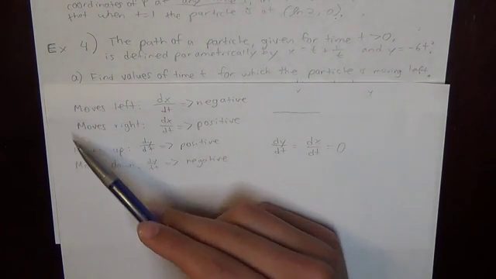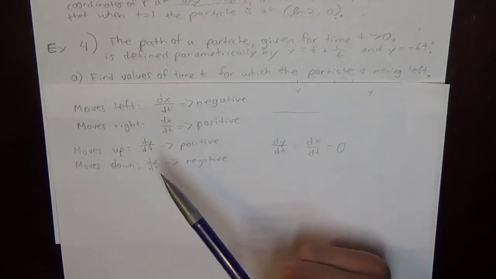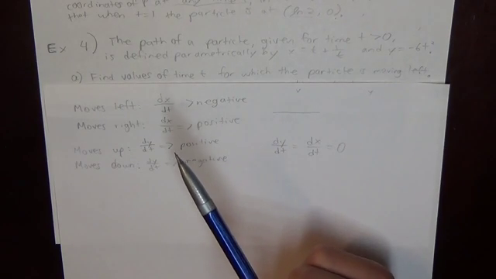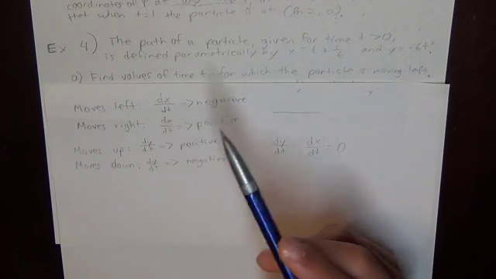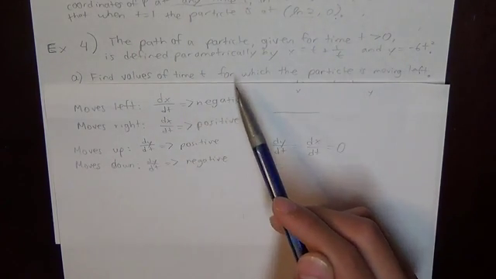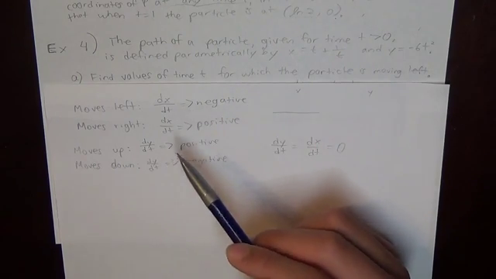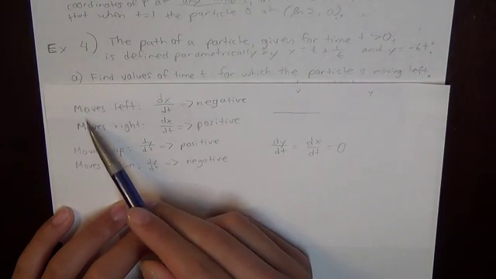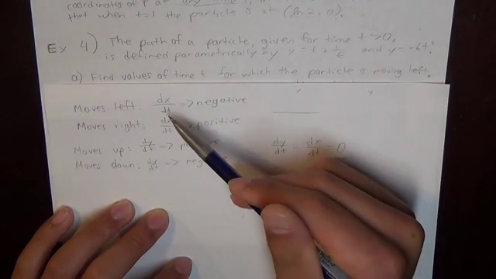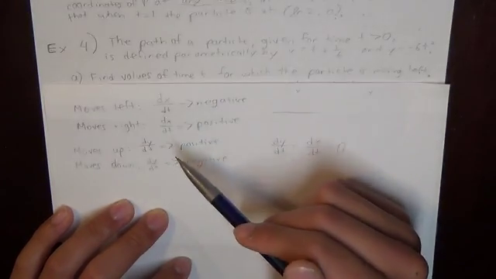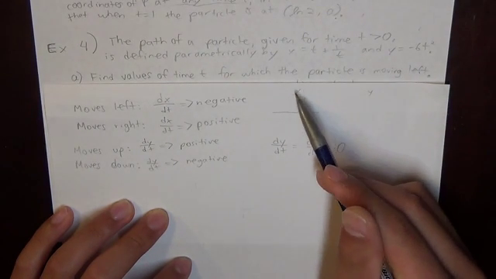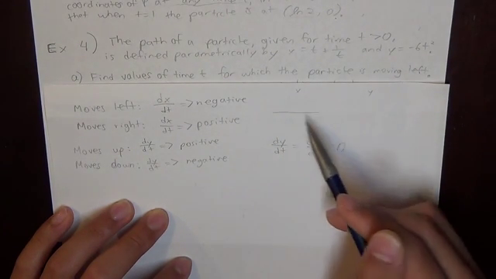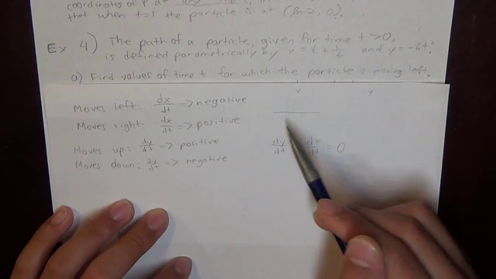So if you don't already know this, it's important that you remember this in the future, because this gets asked a lot on tests. I actually had this question or something like it on one of my tests. When a particle is moving left or right, it means we're working with dx/dt, and that makes sense because the x-axis is horizontal.